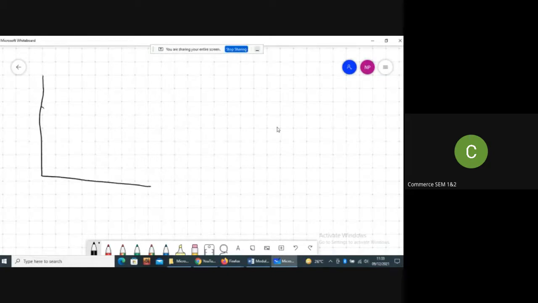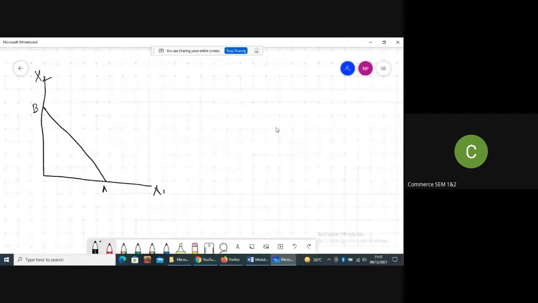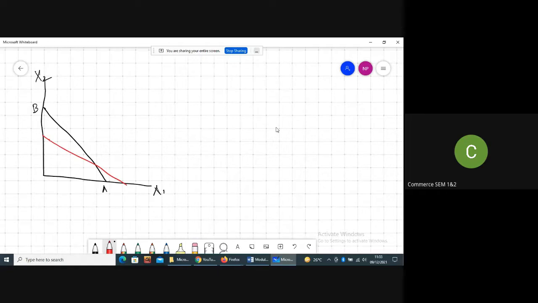This is the budget line AB, and we are measuring x1 here, x2 here. Now, assume that the indifference curves are flatter than the budget line. So this is IC1. Then at which point will the equilibrium occur?